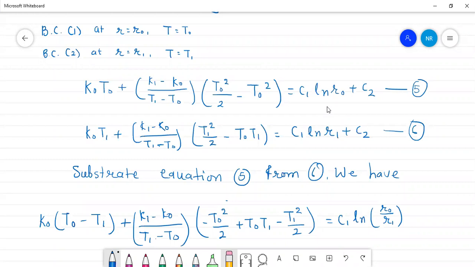Now, here both have 2 in common. We can introduce 2 here, so 2 can be taken outside.